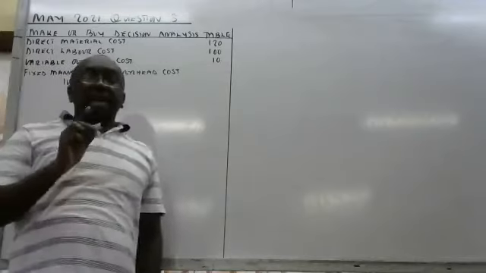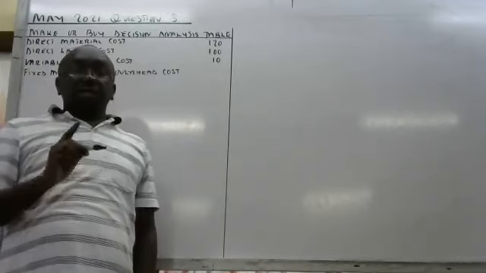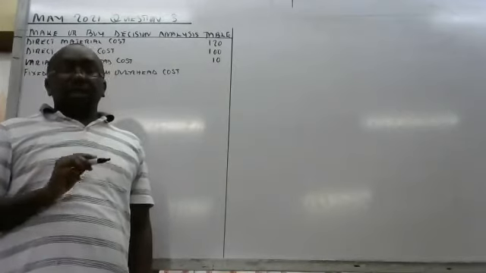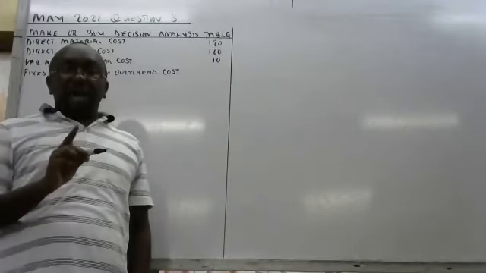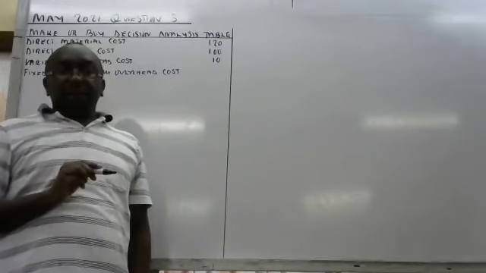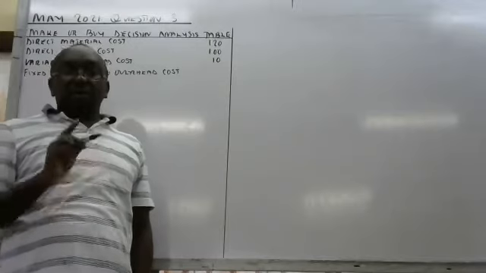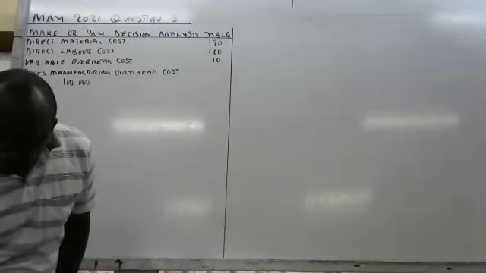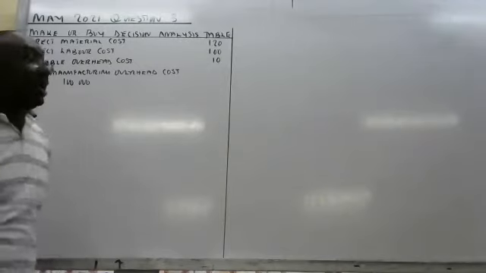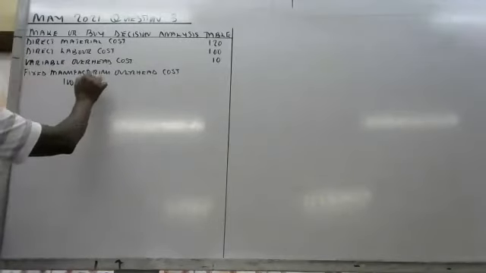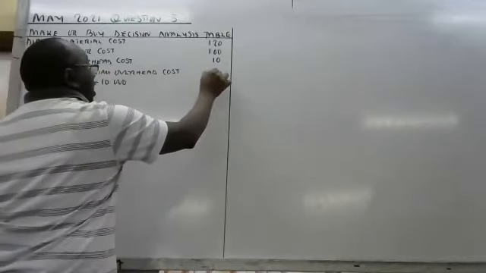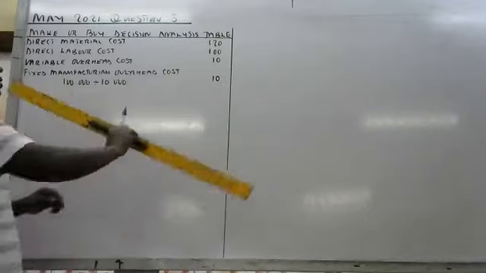It is going to be a relevant cost because we are told if you outsource, this cost will be reduced. That means it is only there when you are making. So it is a relevant cost, although it is fixed, but it's there only when you are making. We are making 10,000 units, so you divide this by 10,000, and that gives us 10 bob.